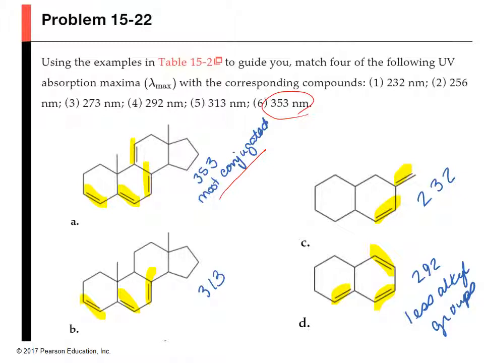Letter B and D both have 3 conjugated bonds, and then you'll notice that I placed B as a higher number above D. The reason for that has to do with substitution. Like this double bond is disubstituted, this one is trisubstituted, meaning the double bond has 1, 2, 3 carbon groups coming off of it, and then this one is trisubstituted.